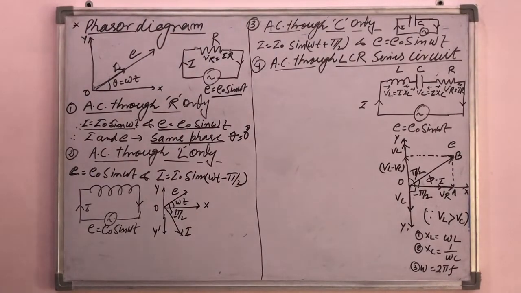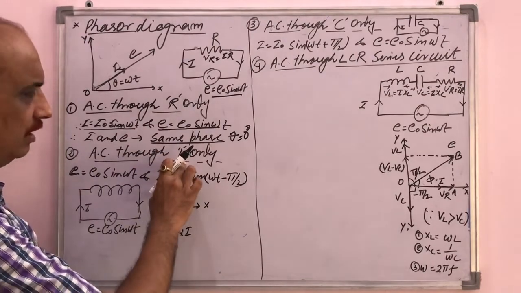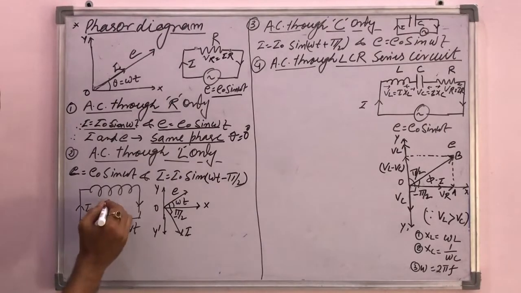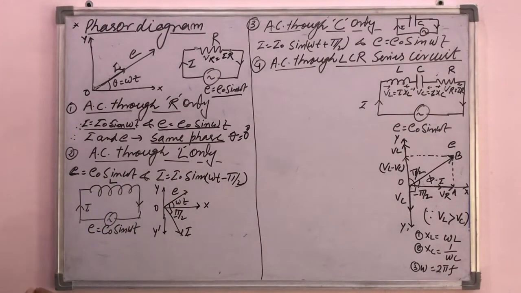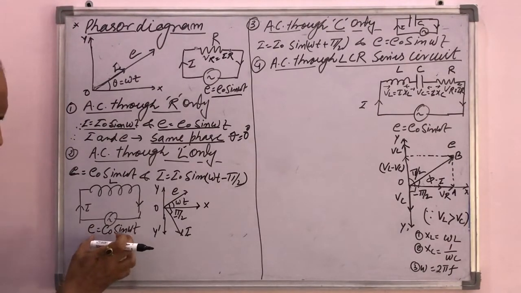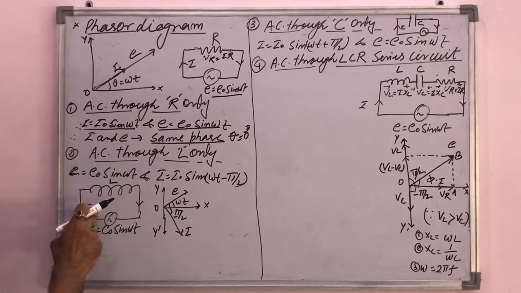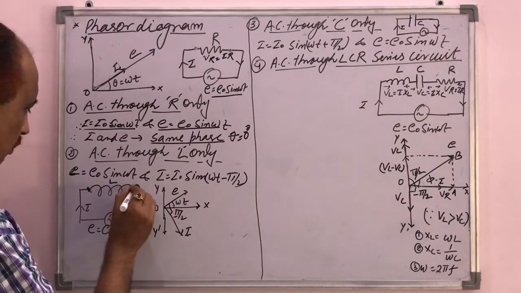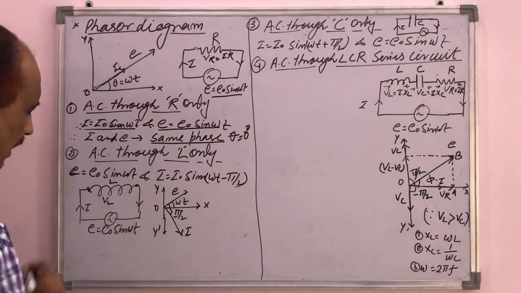Now the next situation is when AC passes through an inductor L only. In that condition, if an inductor of inductance L is connected to the alternating EMF E equal to E naught sin omega t, and current I is flowing in that inductor, again a potential is produced across the ends of the inductor, say represented by VL.